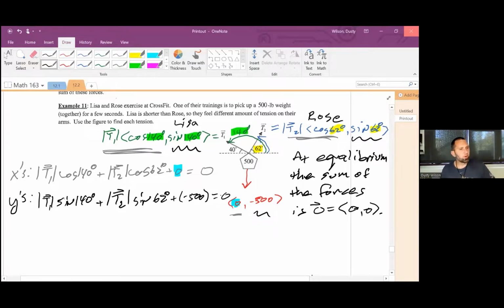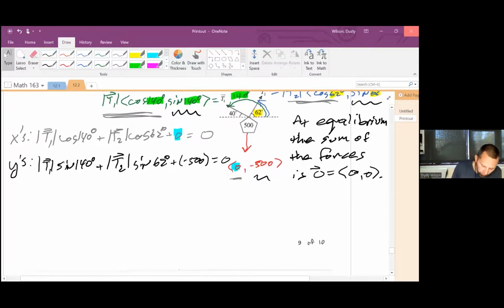And you'll notice that there are two equations here and two unknowns. So we can solve this using a matrix.